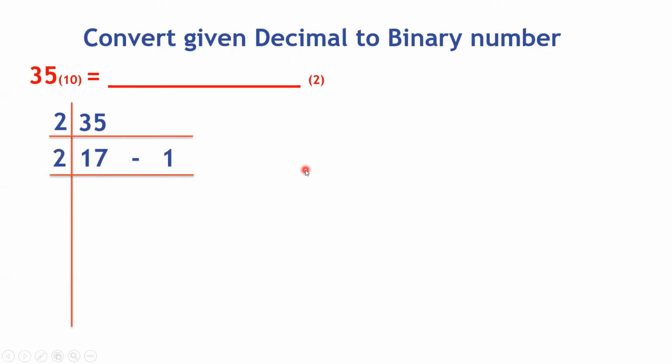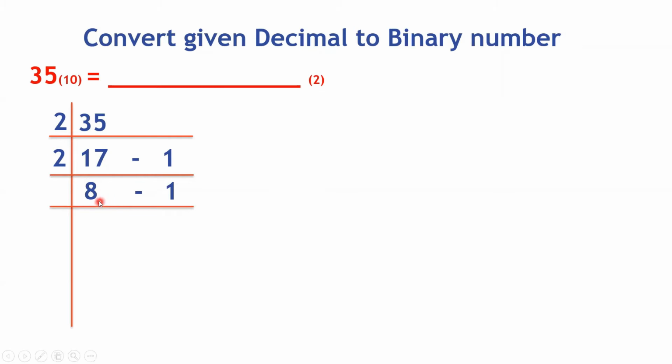So let us divide it by 2 again. 2 6s are 12, 2 7s are 14, 2 8s are 16. So 2 8s are 16, which means again 1 will be left out. That is 1 remainder.